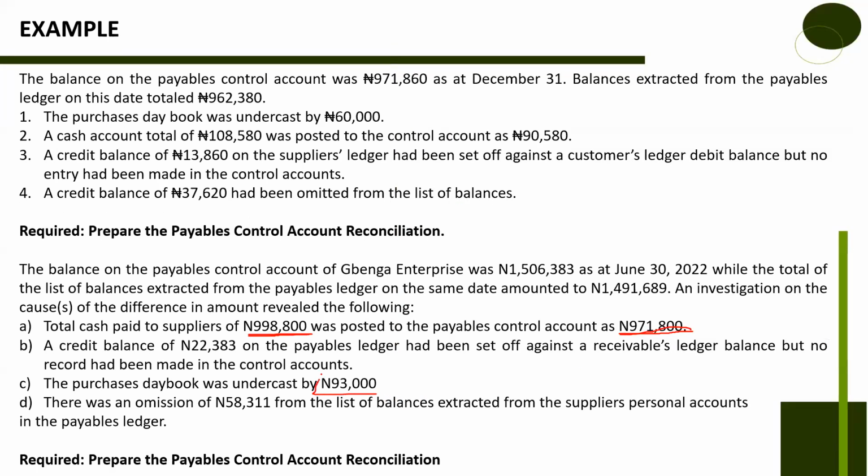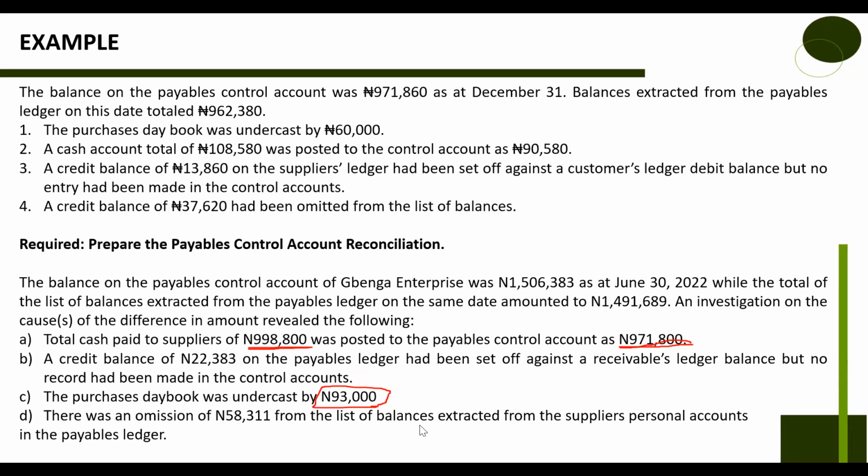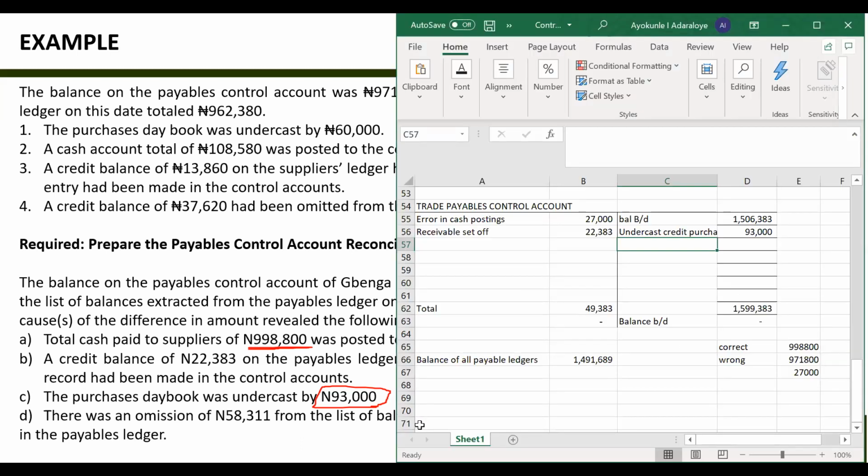Assuming they said the purchase day book was overcast, it would be on the other side. There was an omission of 58,311. You are not going to make any adjustments on the purchase ledger, only the control account, because they didn't mention any individual account that it affected.